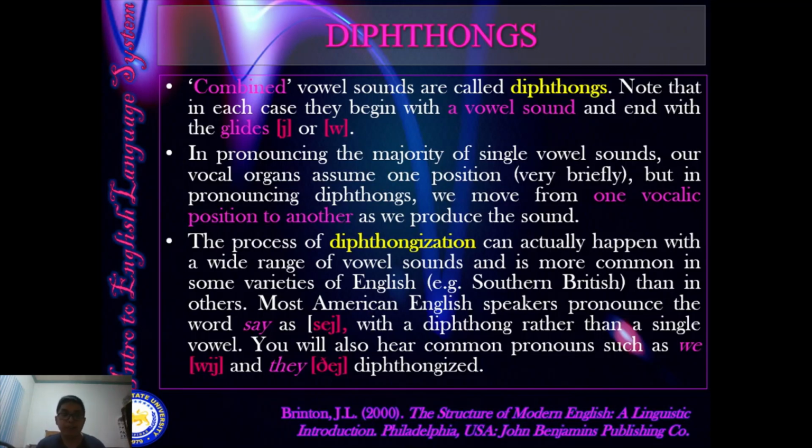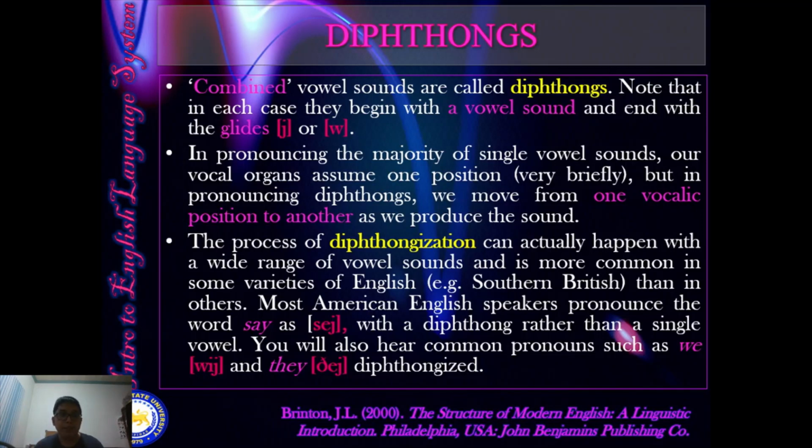Those are the diphthongs. And class, in pronouncing the majority of single vowel sounds, our vocal organs assume one position very briefly. Take note of that, right? If you noticed again on the high, the mid, closed, central, front, right? It again assumes only one position if you try to observe your speech organs.